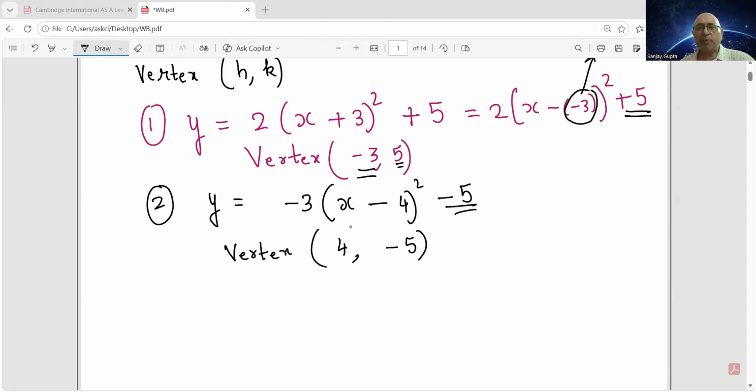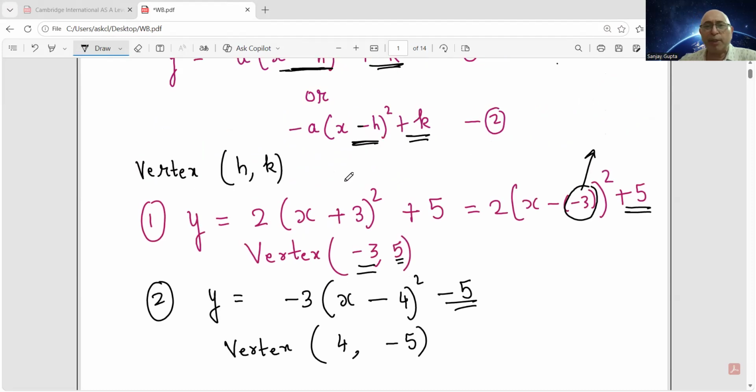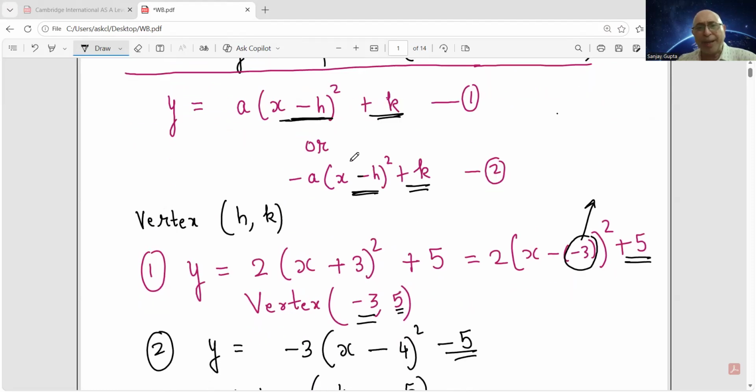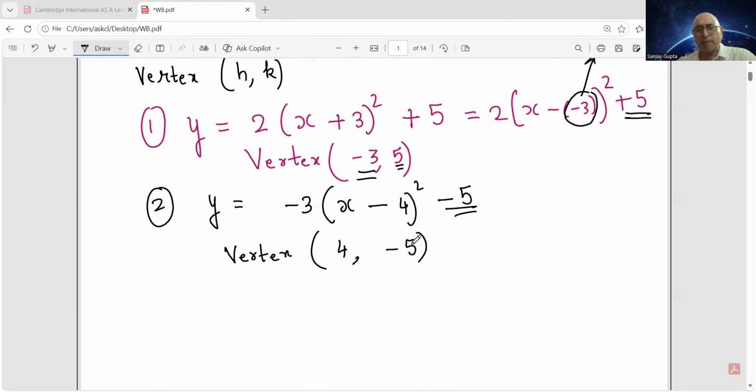All right, I hope this is very clear now. So we get the coordinates of the vertex by writing the completed the square form. We can get it otherwise also, but once we write these forms, either form 1 or 2, one can read directly from this completed the square form the coordinates of the vertex.